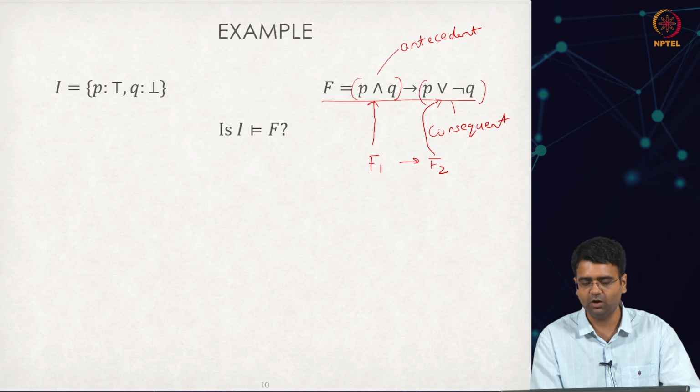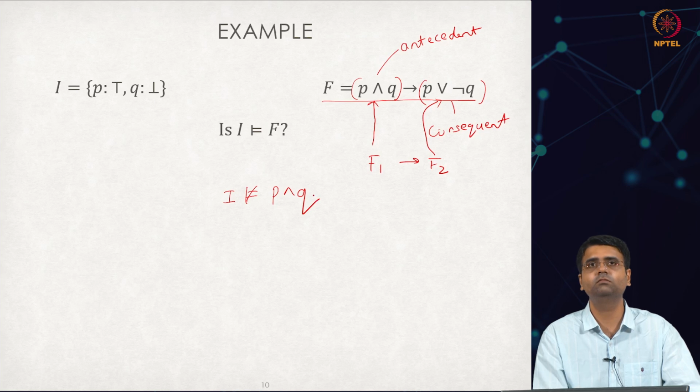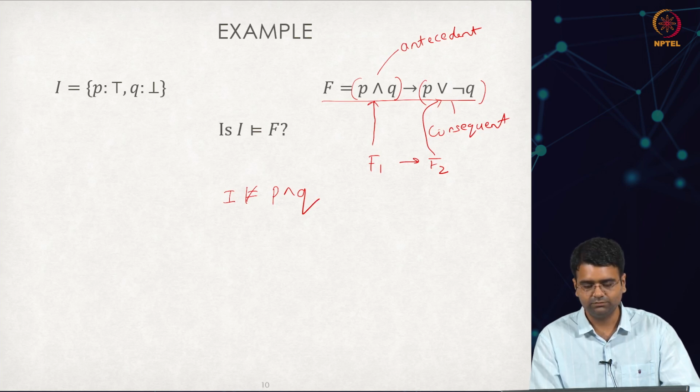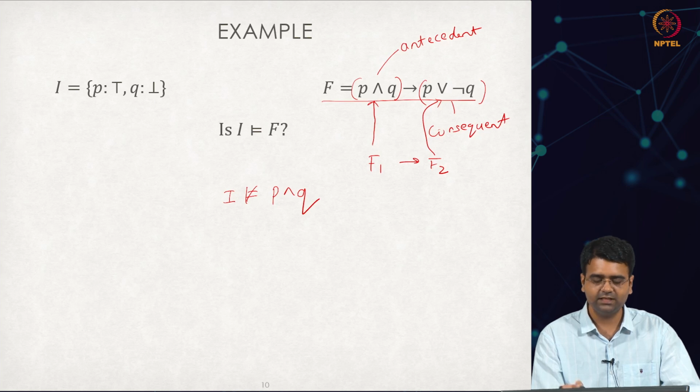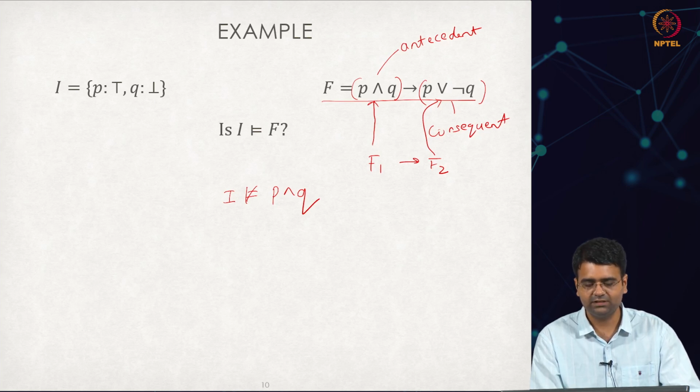So let's see, is I not a model of F1 here, which is P and Q. When will I not be a model of P and Q? This is possible only if I is not a model of P or I is not a model of Q. Now we know that I is not a model of Q, because to Q, I has assigned the truth value false.